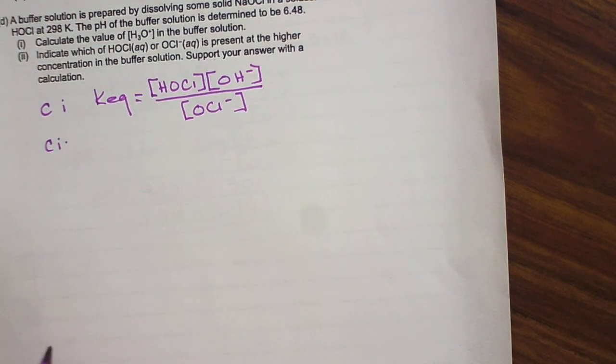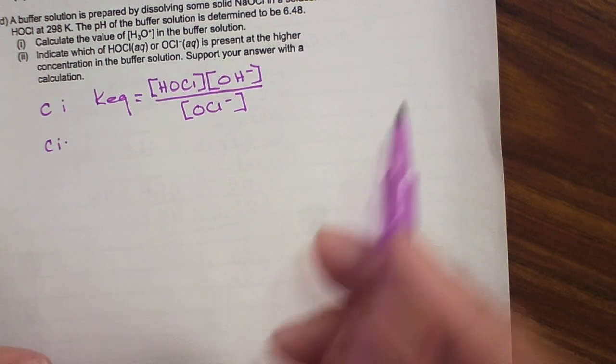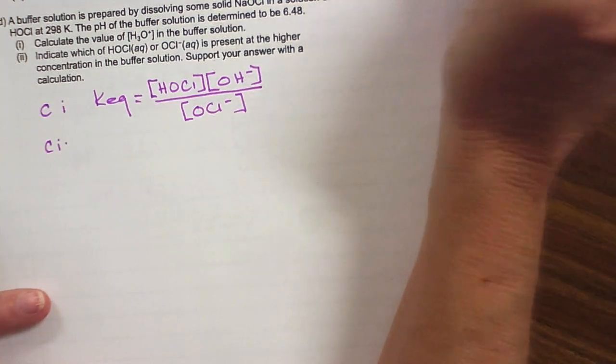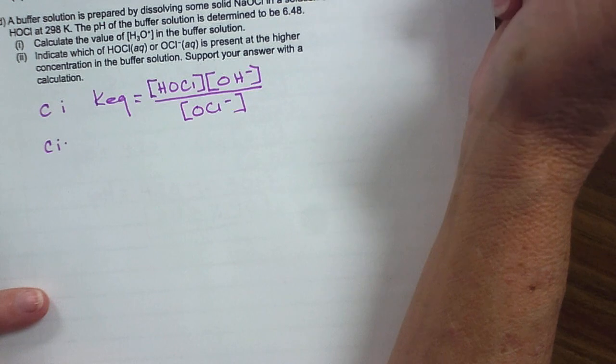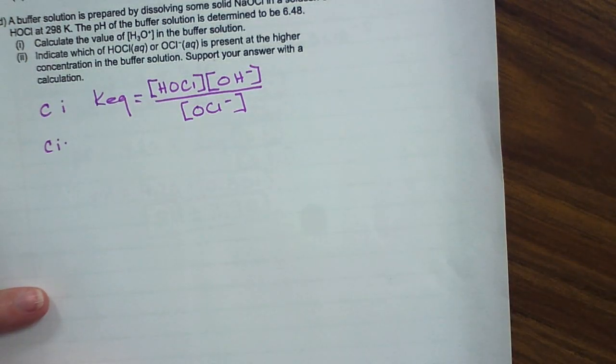Calculate the value of the equilibrium constant at 298 Kelvin for the hydrolysis reaction. Okay, so in this case, you have a Kb over here. Well, you have a Ka for the HOCl, right? And you have a starting molarity. Calculate the value of the equilibrium constant.